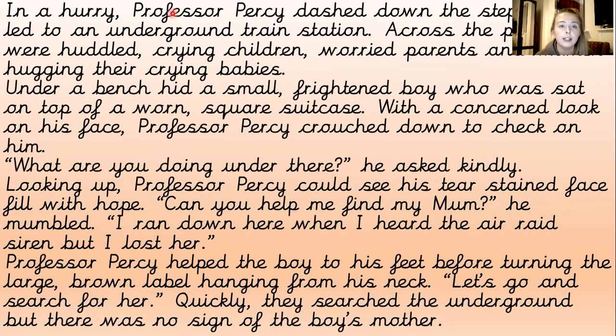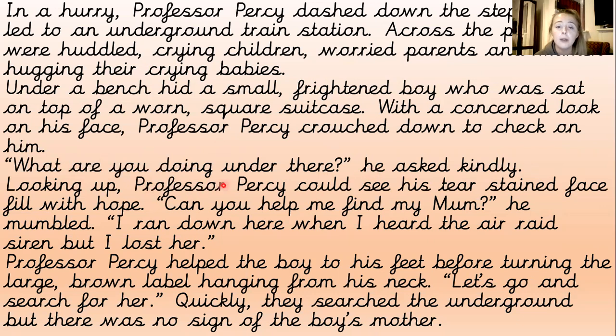So I've written, in a hurry: Professor Percy dashed down the steps which led to an underground train station. Across the platform were huddled, crying children, worried parents, and women hugging their crying babies. Under a bench hid a small, frightened boy who was sat on top of a worn, square suitcase. With a concerned look on his face, Professor Percy crouched down to check on him. "What are you doing under there?" he asked kindly.